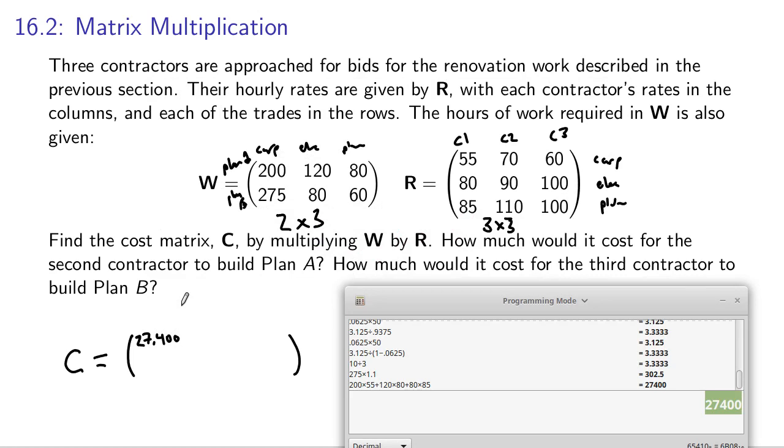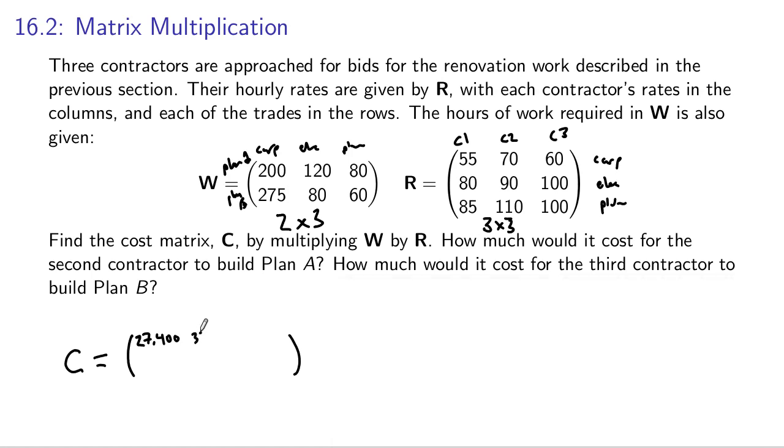Next one, we need to do 200 times 70, first row of W, second column of R, plus 120 times 90 plus 80 times 110, 33,600 for our next entry. So this will be, of course, contractor 1, 2, 3, and plan A in row 1 and plan B in row 2.